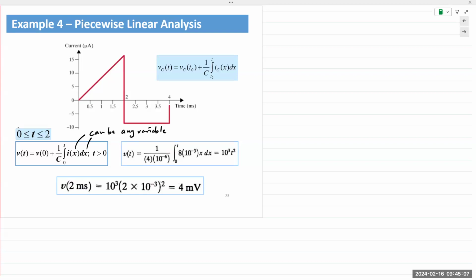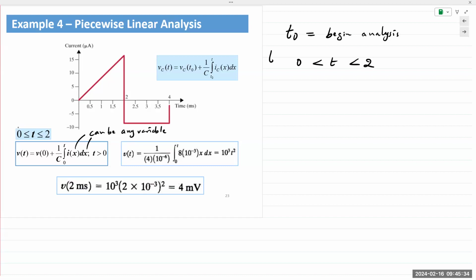Remember what I said earlier: time T0 is the time at which you begin your analysis. Everybody remember that? In this case, my time period goes from 0 to 2. 0 is my start point, and 2 is my end point.